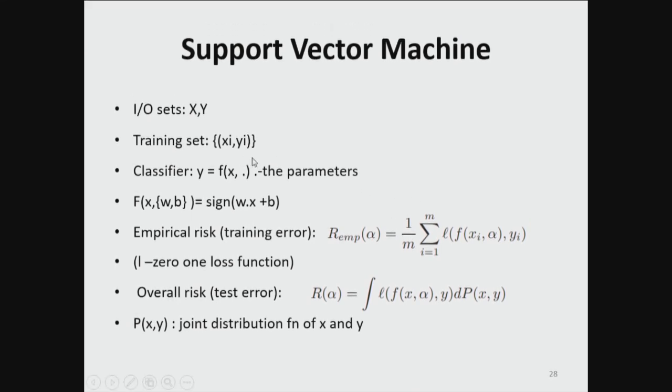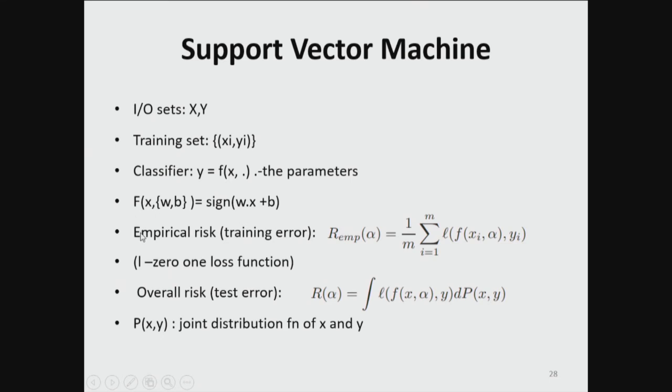Then the training set consists of the input values and the output values, and yi shows whether it belongs to class 0 or class 1. Therefore, we want a classifier, meaning a function which depends upon the input value and the parameters specific to that classifier. It can be anything.